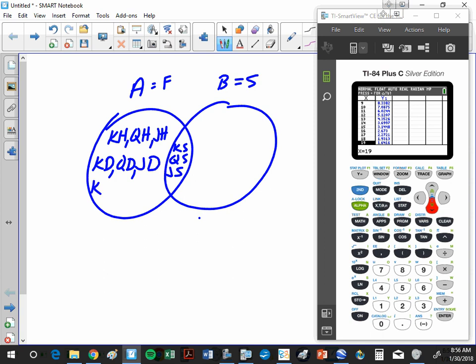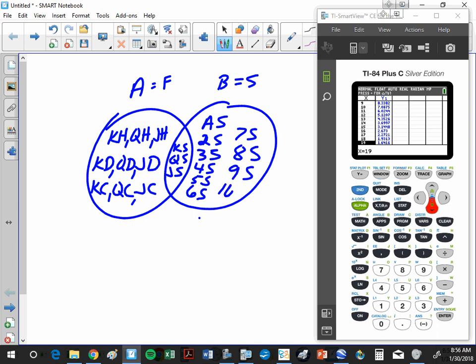The king of clubs, the queen of clubs, and the jack of clubs. All right? What else is in B? The ace of spades, 2 of spades, 3 of spades, 4, 5, 6, 7, 8, 9, and 10.